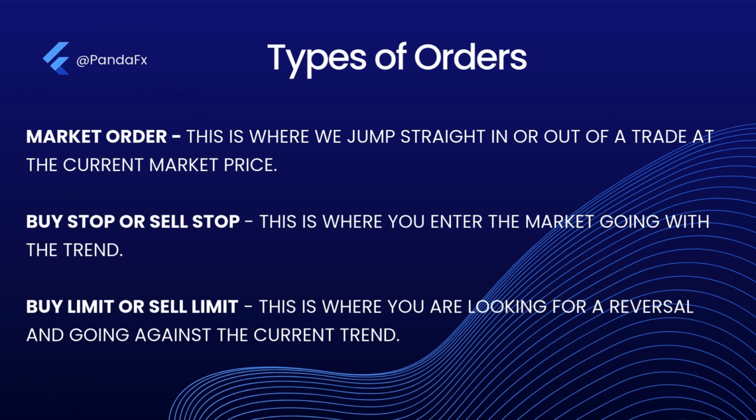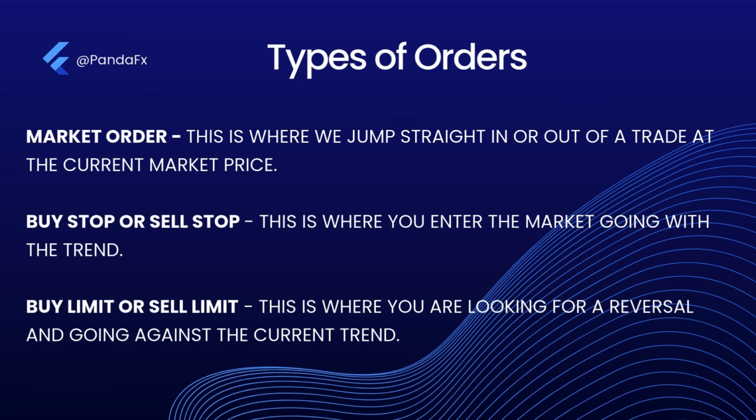For the buy limit or sell limit, this is where you're looking for a reversal and going against the current trend. In the buy limit order, you are placing an order to buy below the current market price, looking for the market to drop down to your entry, get filled, and then hopefully turn around and head up.